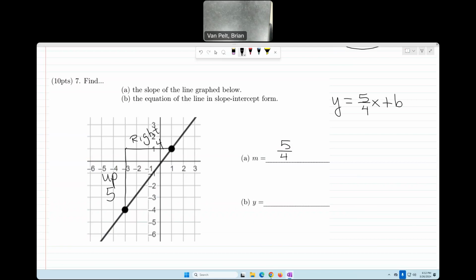Now what can you do with this at this stage? You gotta figure out what b is. So I already know what most of this is gonna look like. And I need to put a b there. So how do I get the b?